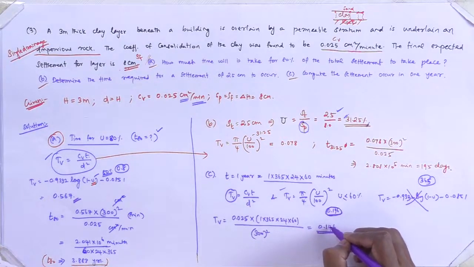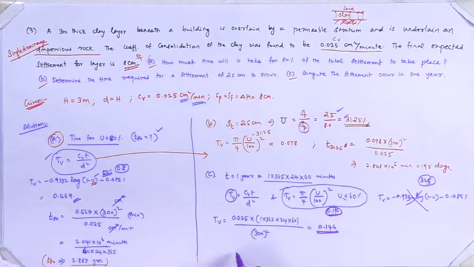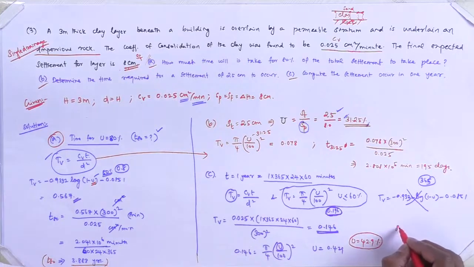So which formula is applicable? This formula is applicable. 0.146 is the value, so we are going in reverse: pi by 4 into (U by 100) square. Finding this U, the degree of consolidation, it is 42.9%. So ST by SF is nothing but U, given as 0.429.